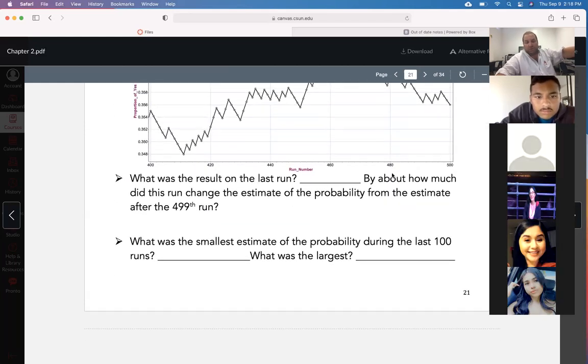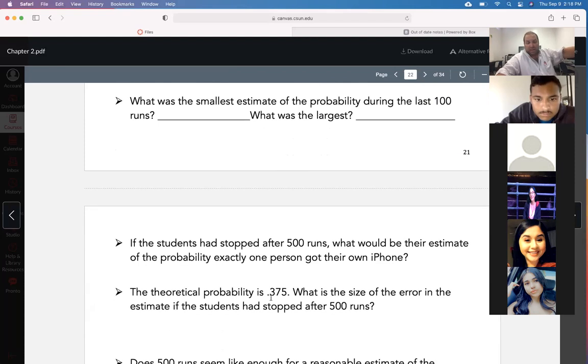Well, it would certainly stay stable, but I think it would kind of approach 0.375, because remember what the law of large numbers says. The more data points you have, the greater your sample size, the closer you get to the true probability. So if we're 1.9% off and we did 500 more runs, I would expect to be closer to 0.375 than I am now.